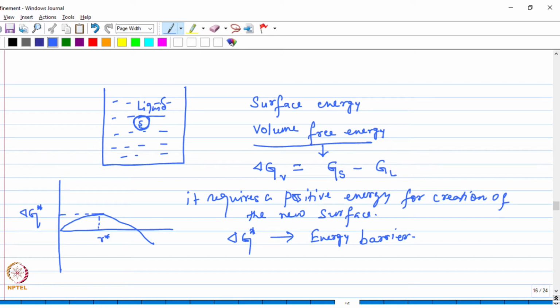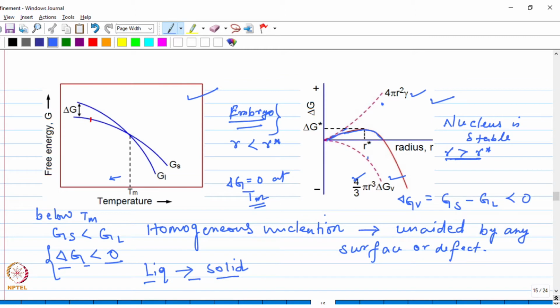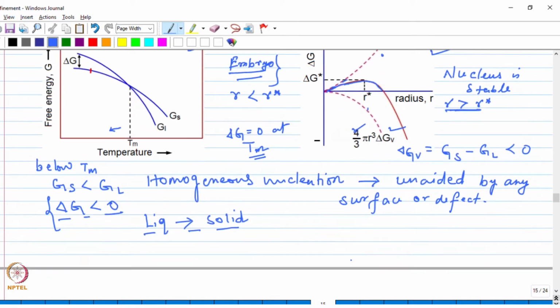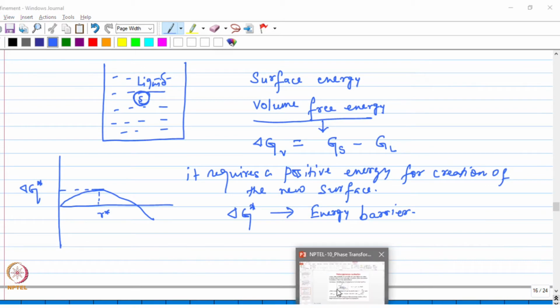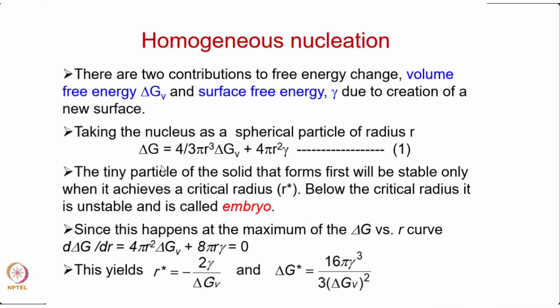And we can derive this energy barrier by considering this particular equation over here, which shows these two contributions to the free energy change. This is what we have done in the previous class.